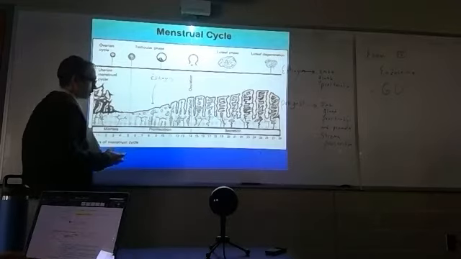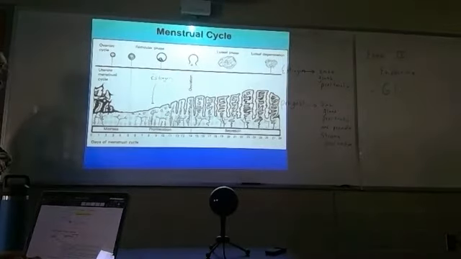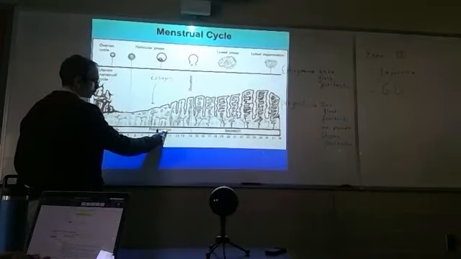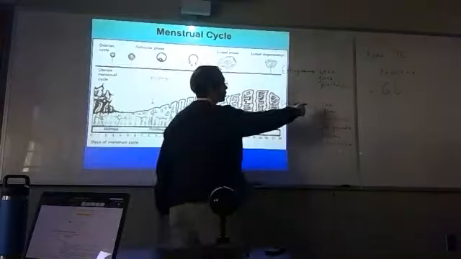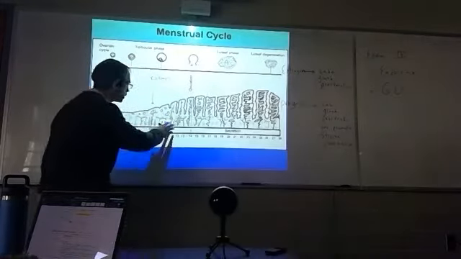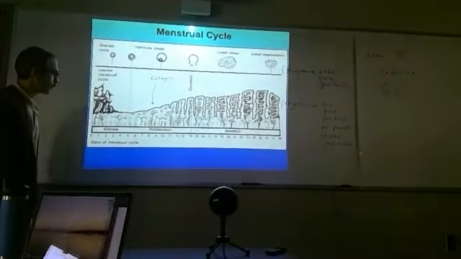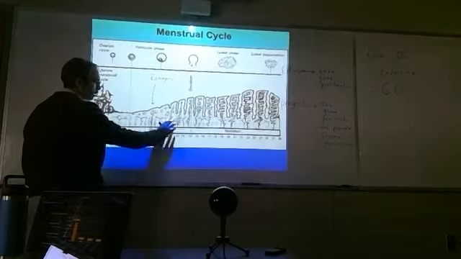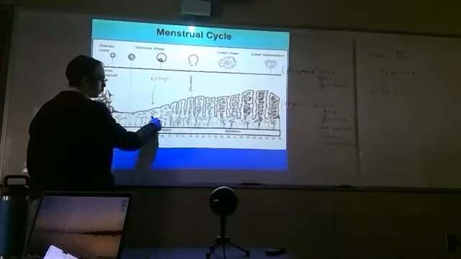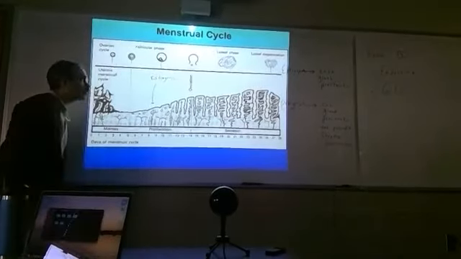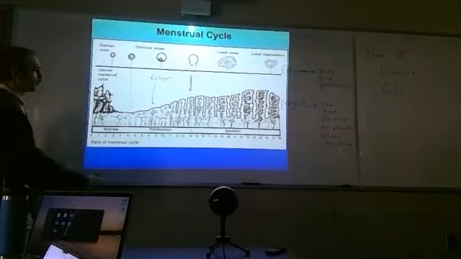This estrogen has an effect on the functional layer of the endometrium. Within the endometrium, estrogen promotes the proliferation of glands, and the glands start proliferating. When this happens, this marks the beginning of what we call the proliferative phase of the uterus.